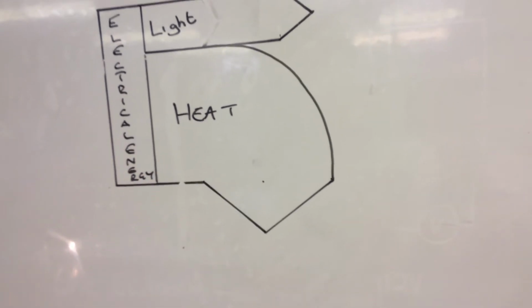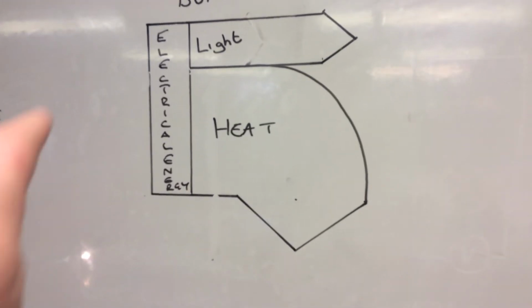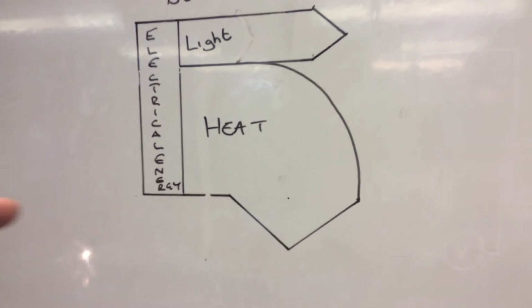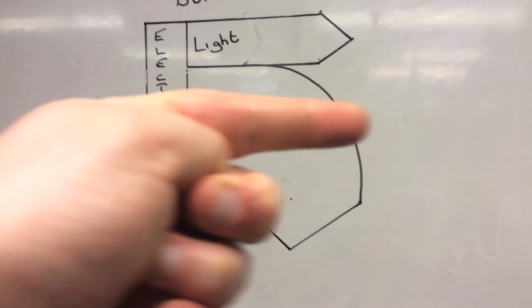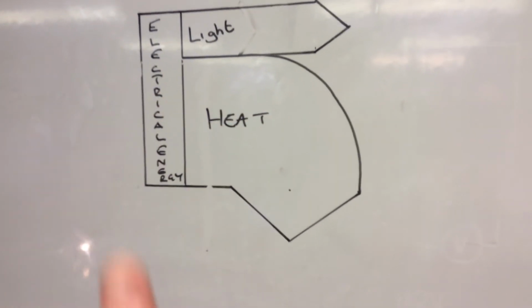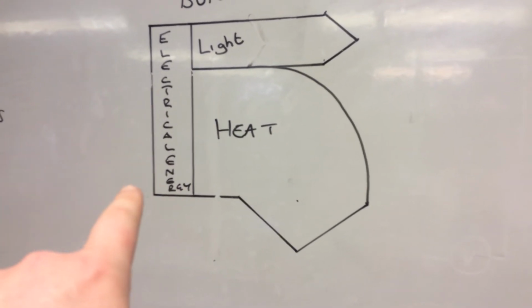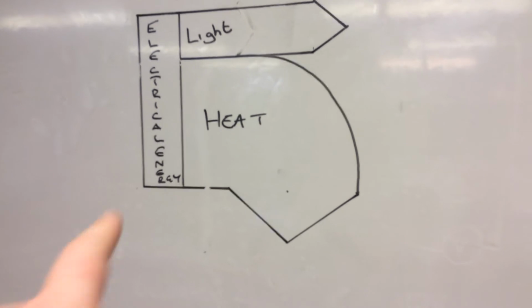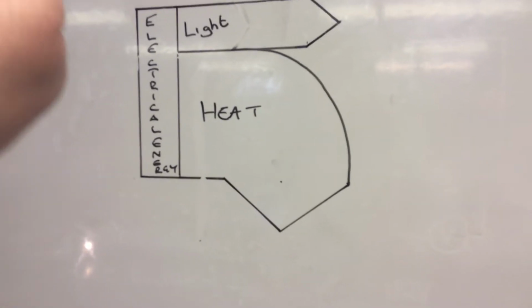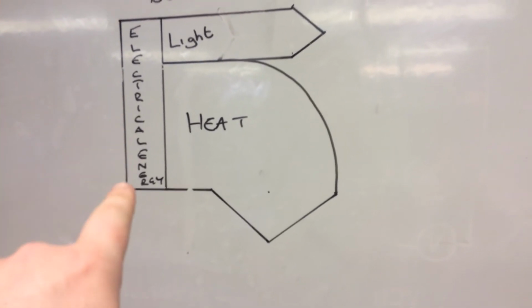Now what you need to do with Sankey diagrams is work out what scale it is. It's kind of like a bar chart, but going horizontally instead of vertically. So suppose this was 10 centimetres and represented 100 joules. You could then work out how many joules each centimetre represents.